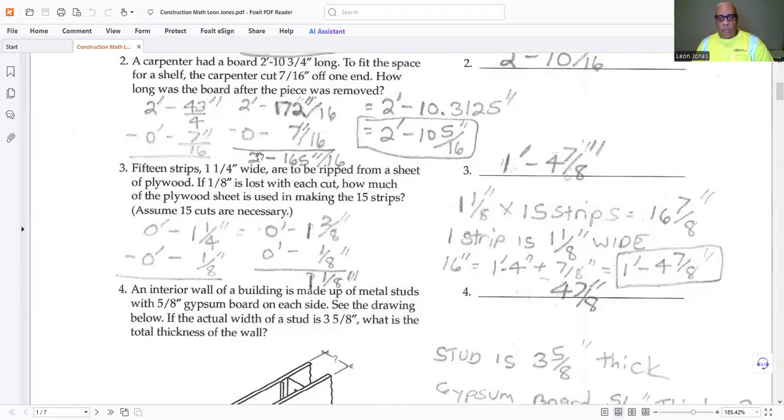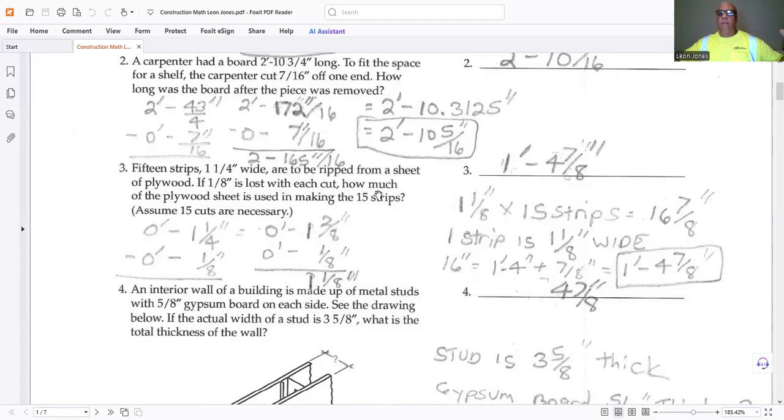So what did I do? Well, I converted 1 1/4 of an inch to 1 2/8, which is still the same as 1 1/4 of an inch. Why did I do that? So I would get a common denominator to make it easy for me to subtract the difference, because what I'm subtracting is in eighths.